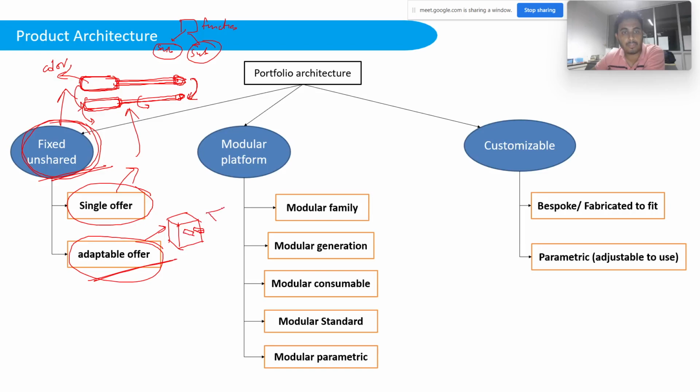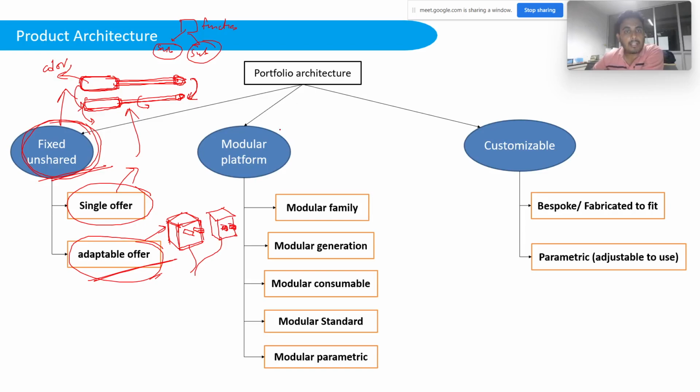However, if you go to European countries, they have something like a flat design. So there is some small adaptability you need to provide, although the major functionality of the product is fixed. So this is the second category.